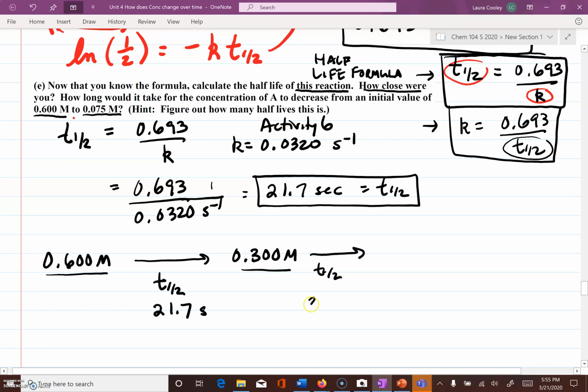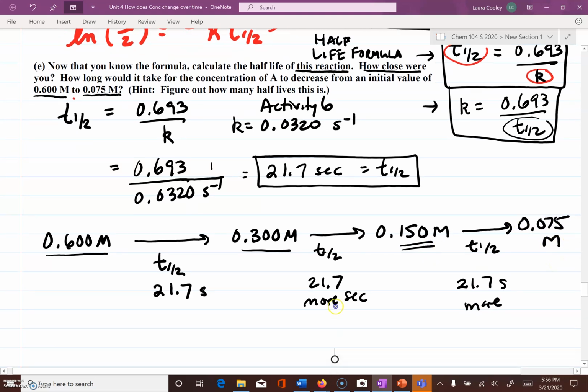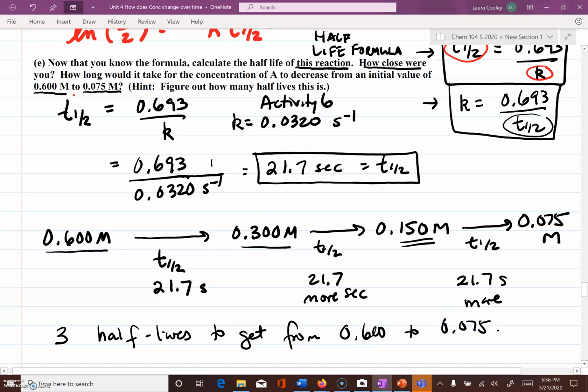Another half-life, or 21.7 more seconds pass, it'll go down to half of 0.3, which is 0.15. And then in another half-life, another 21.7 seconds more, it'll go down to half of this, which is 0.075 molar. And that's what we want. So basically, the answer is 3 half-lives to get from 0.6 to 0.075 molar.